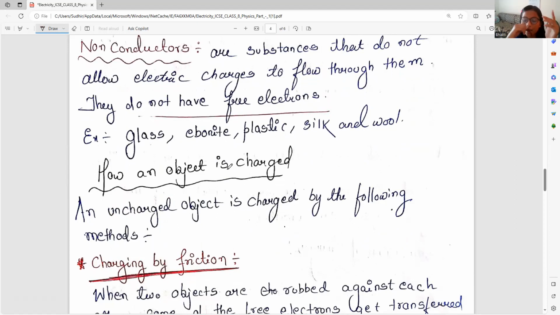They do not allow charges to flow and do not gain them either, so they have no free electrons. For example, glass, ebonite, plastic.